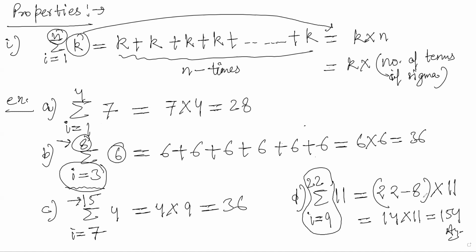Okay. So the first property was this. Now the second property is: if some constant is in either multiplication or division with your function. So this k is a constant, right?